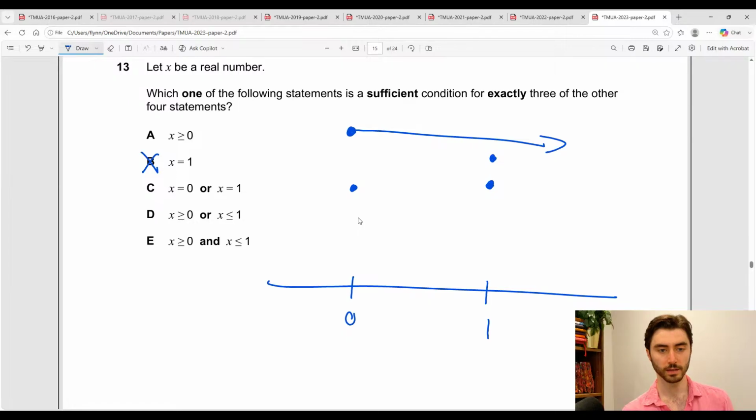So either X. Well, this is utter nonsense because D includes literally everything. Actually, these are unfilled because they're ors. So it doesn't have to be either of them. Either has to be included.